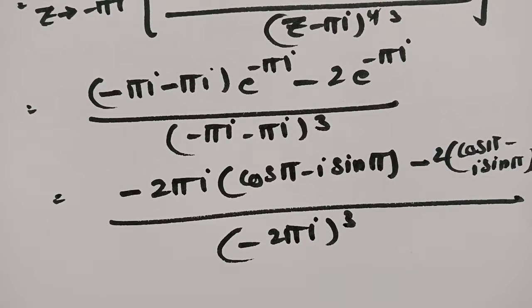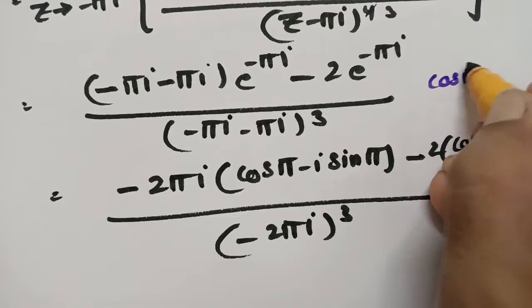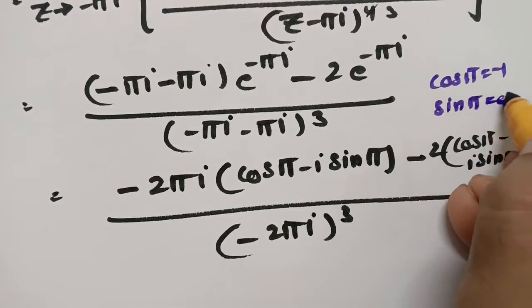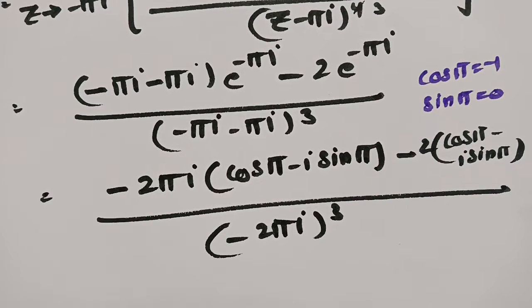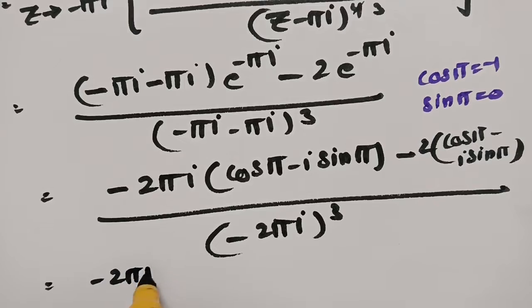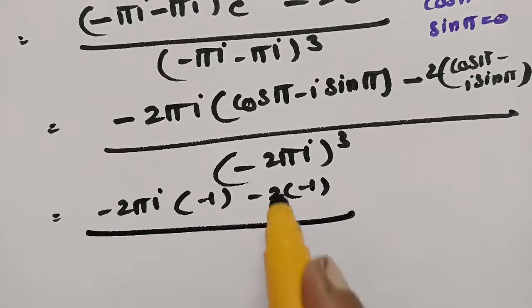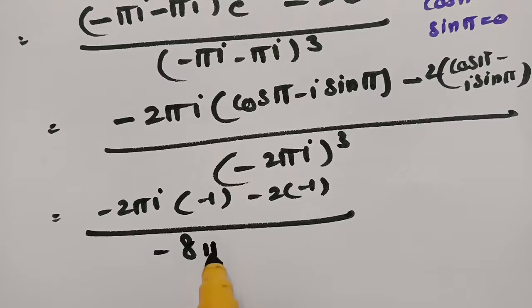So cos pi value is equal to minus 1, and sin pi value is equal to 0. So if I substitute, the value will be minus 2 pi I times of minus 1, that is 0, and this is 2 times of minus 1, by 2 cube value is 8, minus pi cube and I cube.